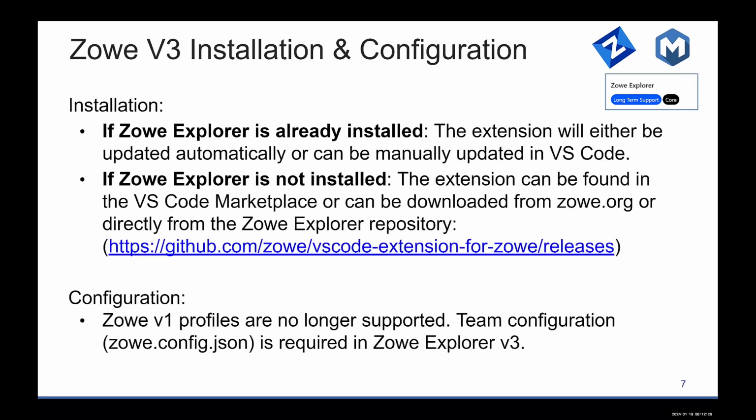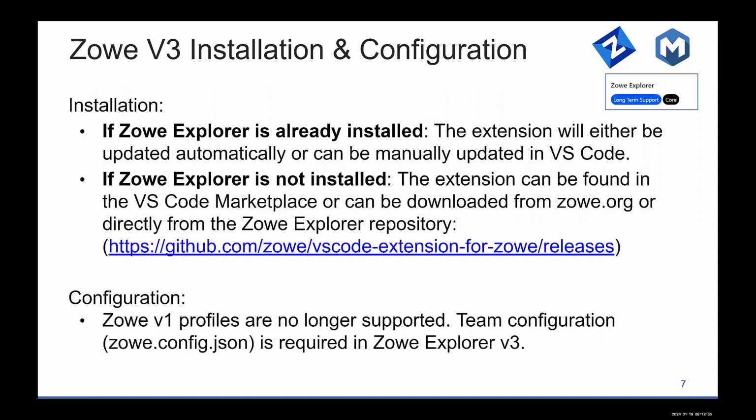And before we get into the UX changes and new features, it's good to answer the question, how will users install Zowe Explorer v3? For many users, the extension will be automatically updated in VS Code when the new version is released. However, if you've chosen to install a specific version of Zowe Explorer, you will need to manually update the extension in VS Code.